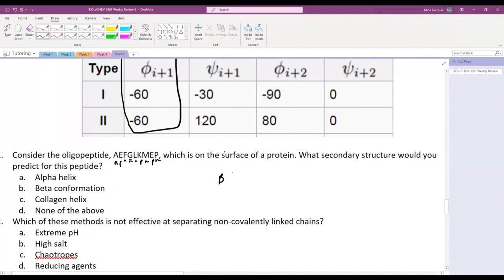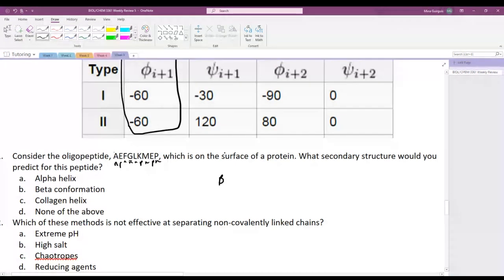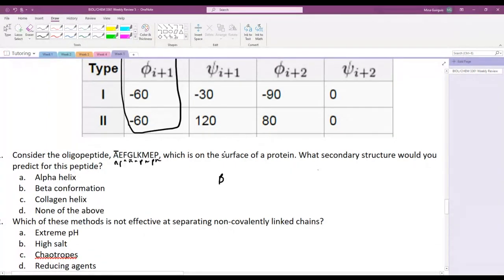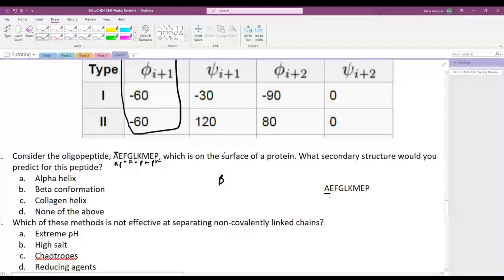The next thing I'm looking at is n plus 4. So alanine plus 4. And I'm going to write this out separately so that I have the room to draw around without confusing everyone, because there's going to be a lot of things. So A, and I'm going to go 1, 2, 3, 4. So I'm going to go to leucine.